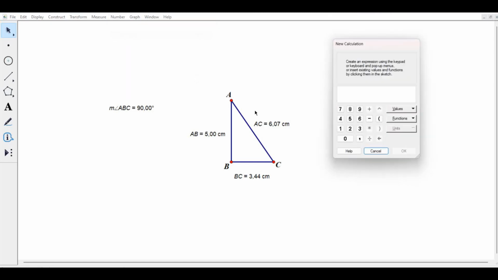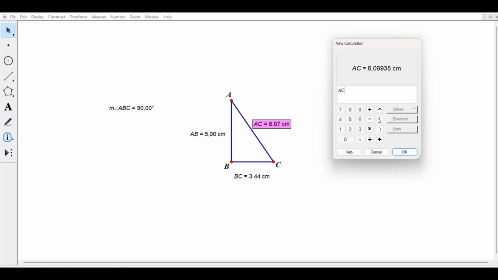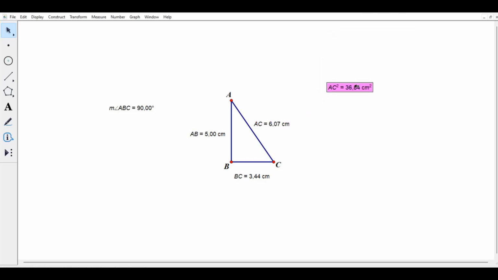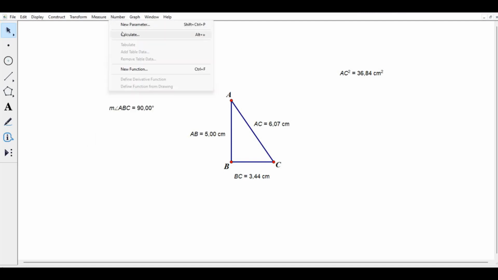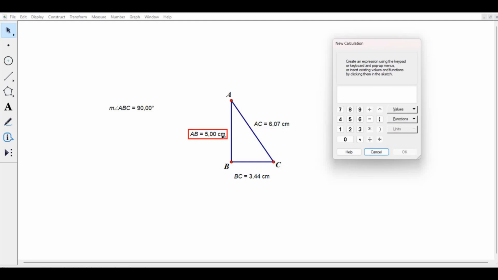So let's take our calculator and let's calculate AC squared. So AC squared is equal to 36.84 centimeters squared. Now I'm going to take AB squared plus BC squared. So let's take our calculators again. So we have, let me use brackets, right?